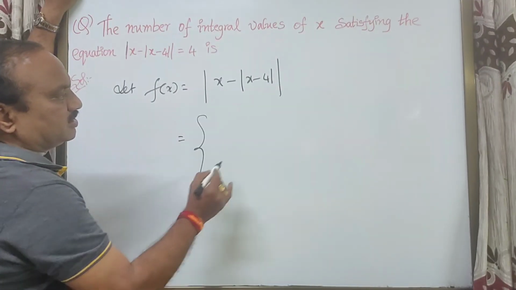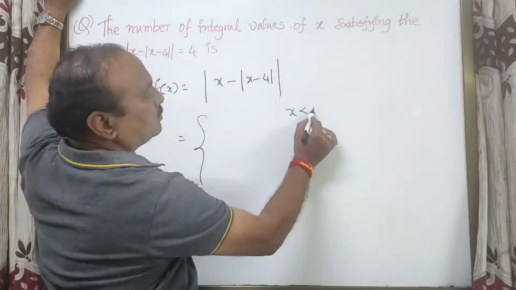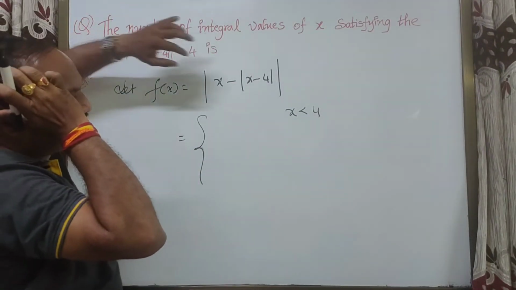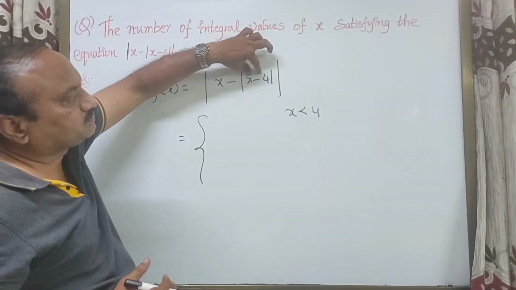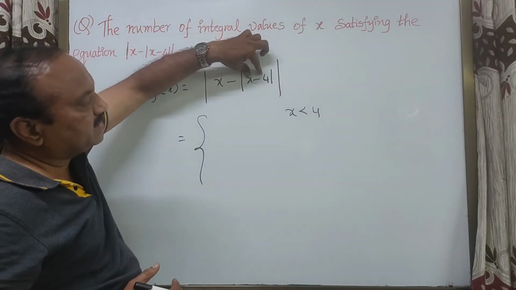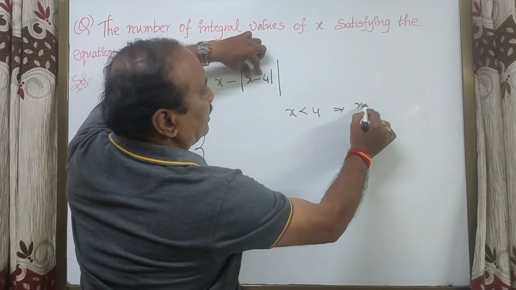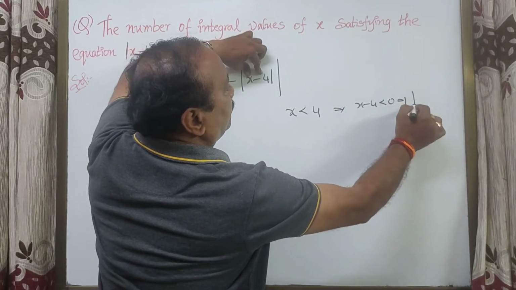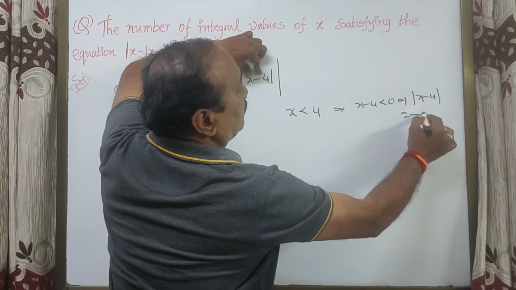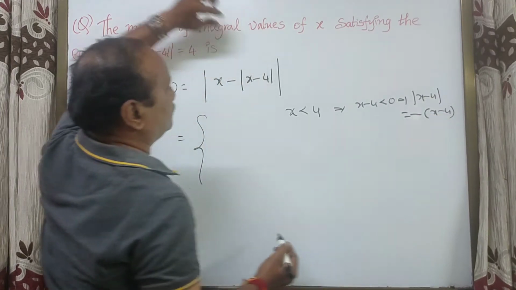See, if x value is less than 4, that means x minus 4 becomes negative. When it is negative, mod of x minus 4 becomes minus of x minus 4.